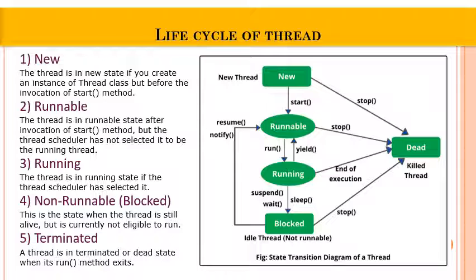This happens when the thread is suspended, sleeping or waiting in order to satisfy certain requirements. A blocked thread is considered not runnable but not dead, and therefore fully qualified to run again. So that is the blocked state, the idle state.